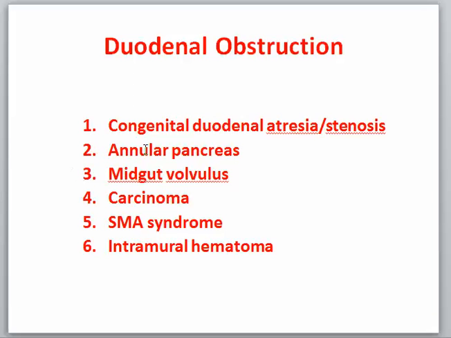What are the causes of duodenal obstruction? The cause of duodenal obstruction could be due to congenital duodenal atresia or stenosis, but this is supposed to be in infancy. An annular pancreas can do, volvulus can do, superior mesenteric artery syndrome, carcinoma, and intramural disease, intramural infiltration or hematoma or lymphoma.